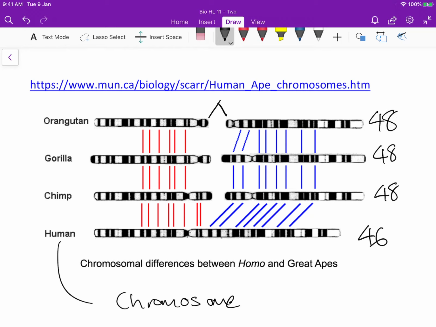So why can't we interbreed with the great apes? Because we have a different number of chromosomes. And so the evidence seems to point to some kind of mutation that led to a fusion of these two, and that reduced our chromosome number. And so now we have 46 chromosomes, whereas the other great apes have 48.